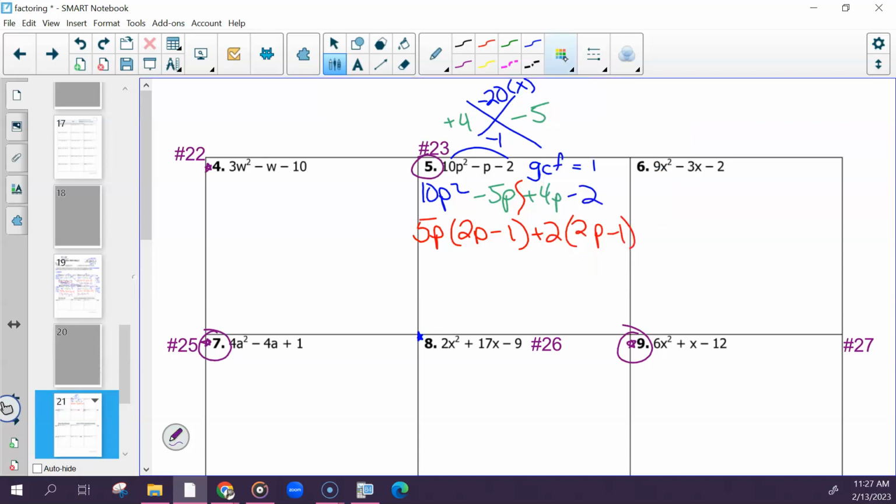So then what would our final factors be? That's one of them. 5. Questions on that one?